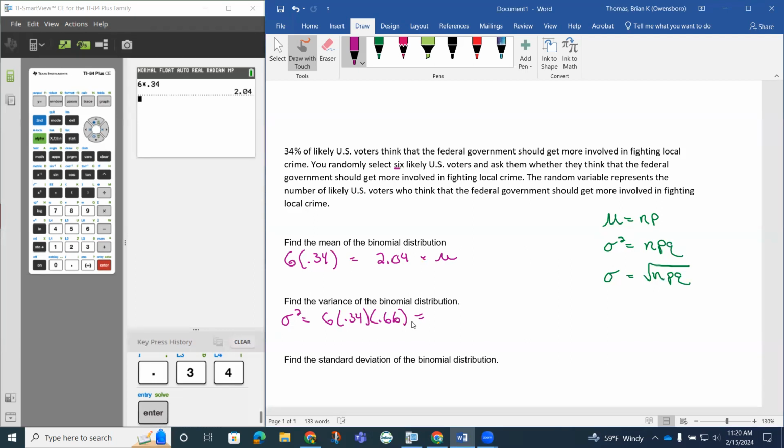Most people do not want to see the federal government involved in local crime fighting. So 6 times 0.34 times 0.66 gives us our variance. If we round to the nearest tenth, that would be about 1.3.